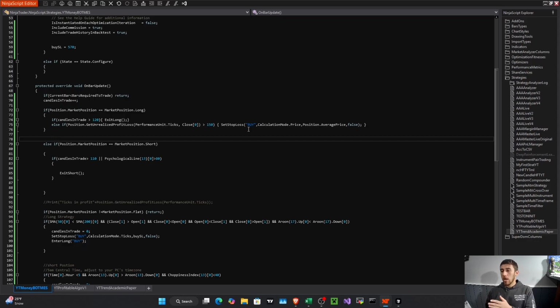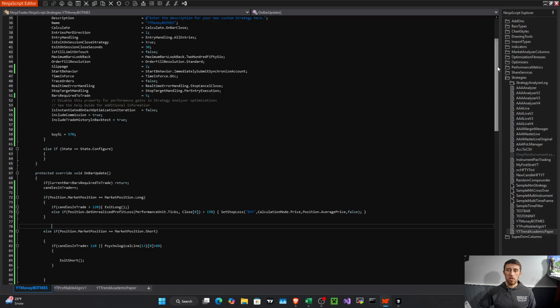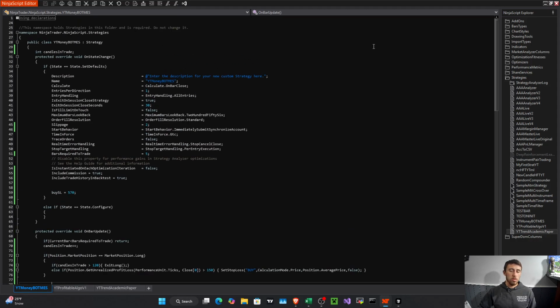Now, this strategy I like, and I already did out of sample testing, which is basically a way to test strategies so that they have a higher chance of predicting the future and making money in the future, not just in the past, right? Because anybody can show you a good back test in the past.